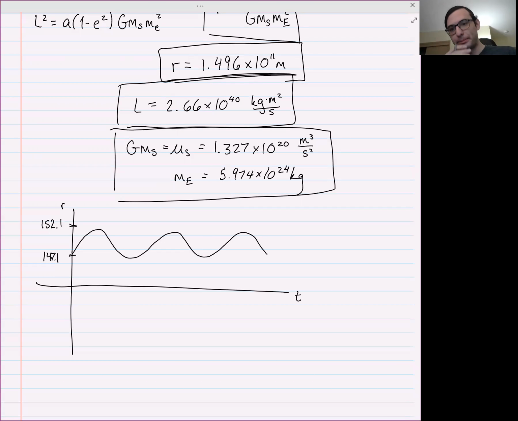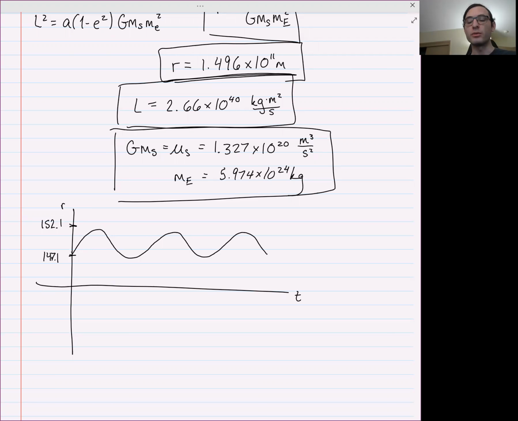And because of that, you would think, and this is what I tell you in the problem, that it suggests that we can model the radial distance as if it were a simple harmonic oscillator to a good approximation. Now, it's not truly a simple harmonic oscillator, it's just close, but it would be a good model.